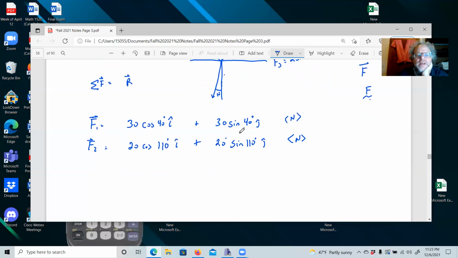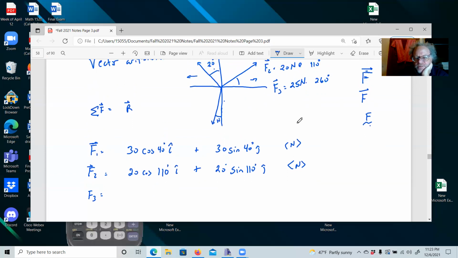Okay, and then we have F3 is equal to, what was this? This was 25 newtons, and then we have cosine of, what was this? This was 260 degrees. See, the fact that cosine is going to be negative in the third quadrant, this is already going to come out to be a negative term.